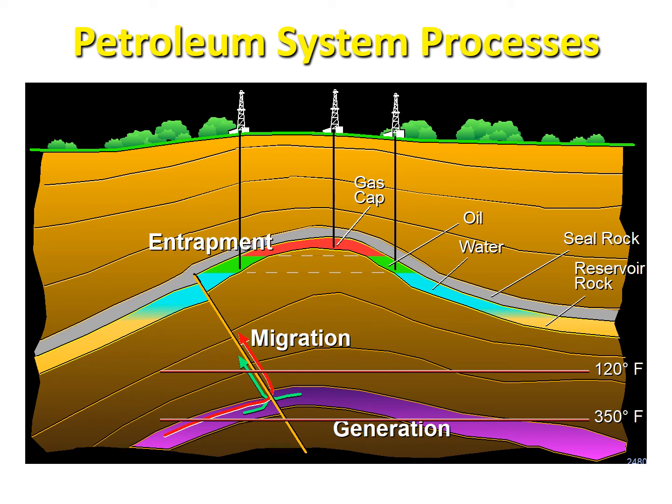Alright, so there are specific mechanisms involved before petroleum is trapped in a reservoir rock. Okay, so this is a schematic petroleum system that contains the elements and also the processes of the generation, migration, accumulation, and preservation of hydrocarbon. So in general, the source rock has to be a rock that is rich in organic matter.